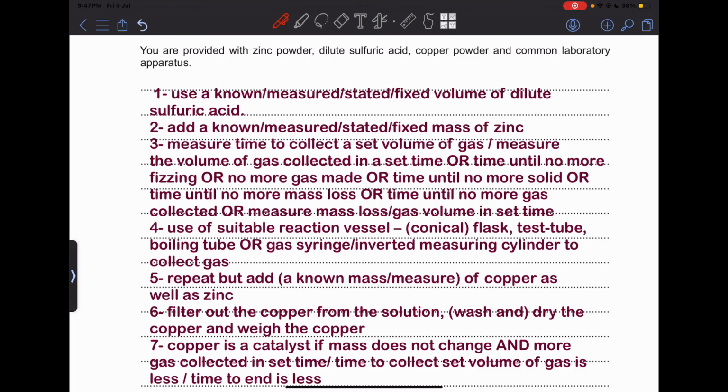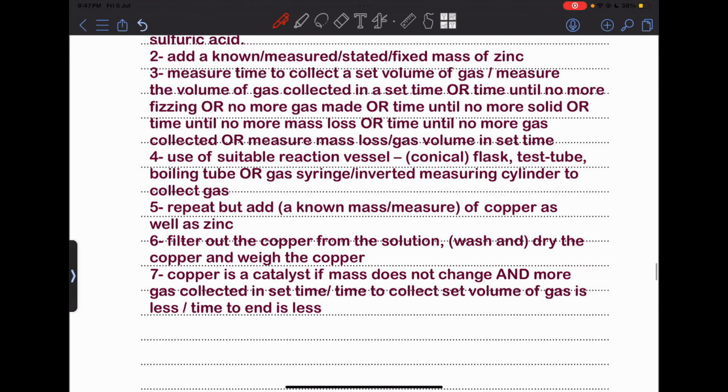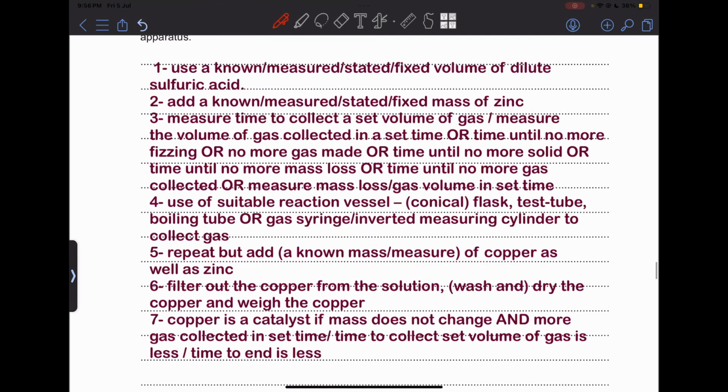You can also measure the time until no more mass loss, or the time until no more gas is collected, or you can also measure mass loss or gas volume in a set time.